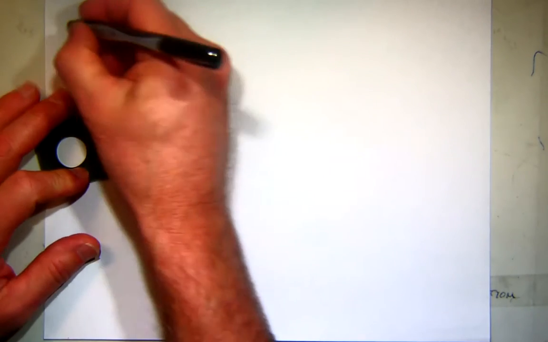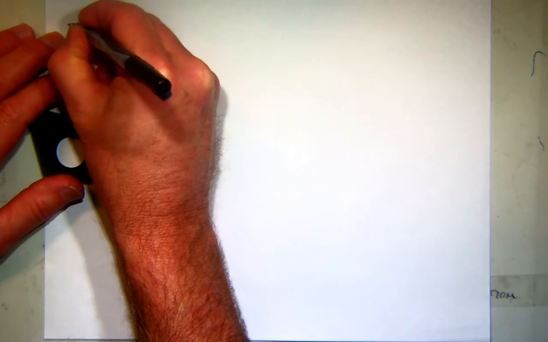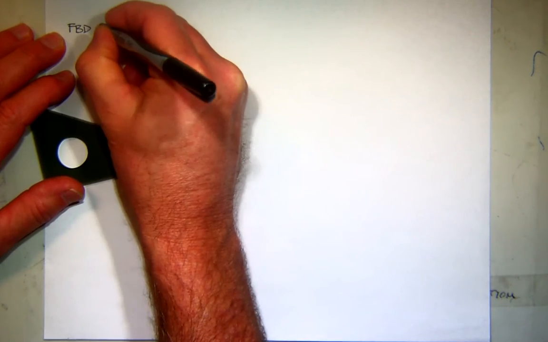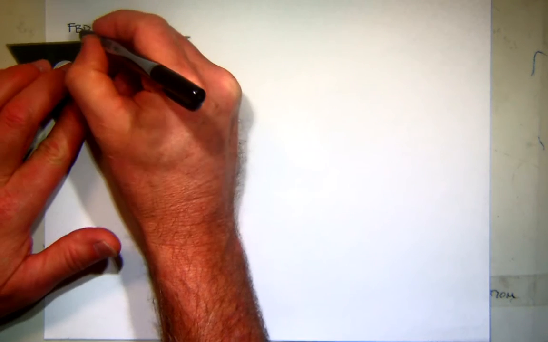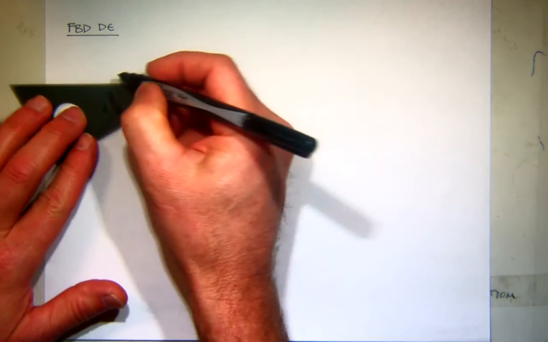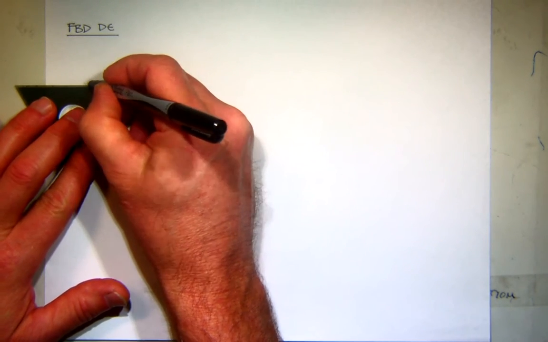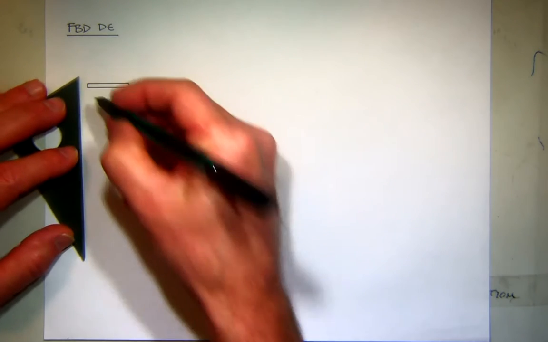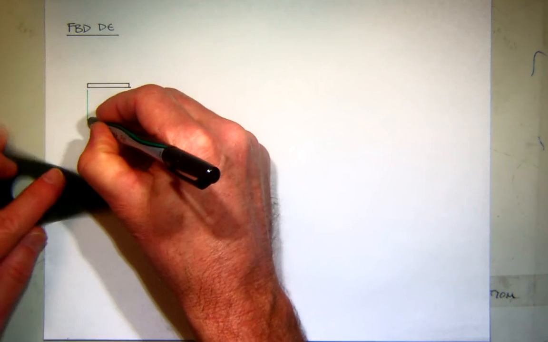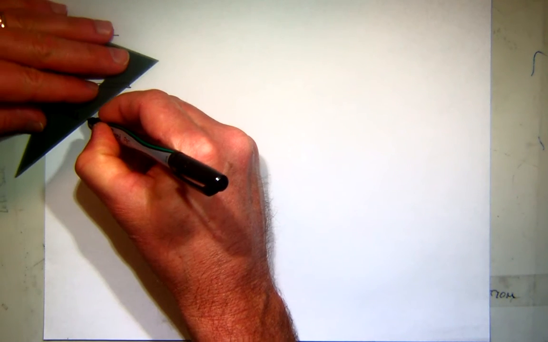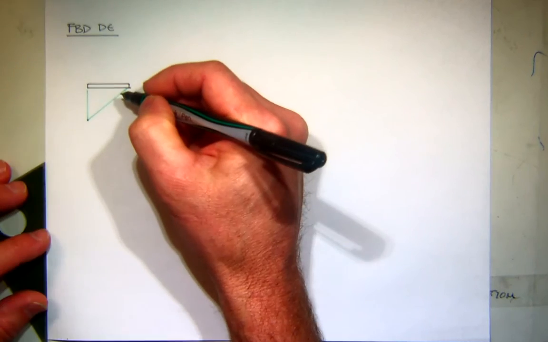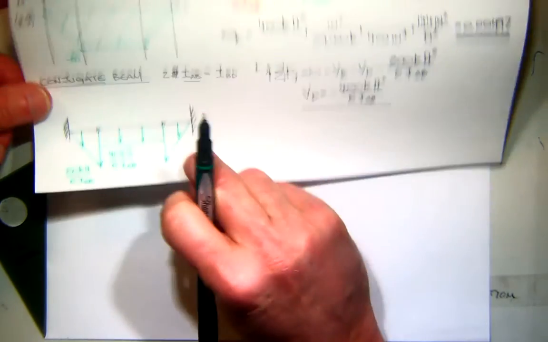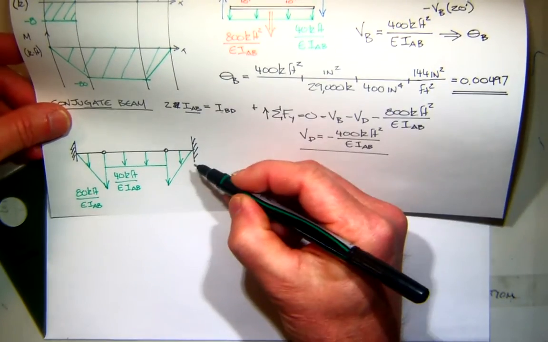This will be the free body diagram for DE. So I've got the load applied something like this. So what I'm drawing is this piece right here.